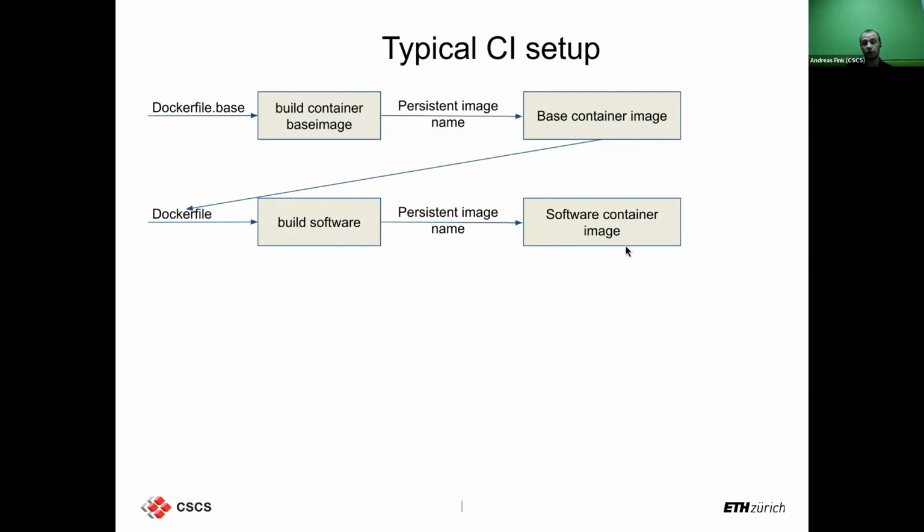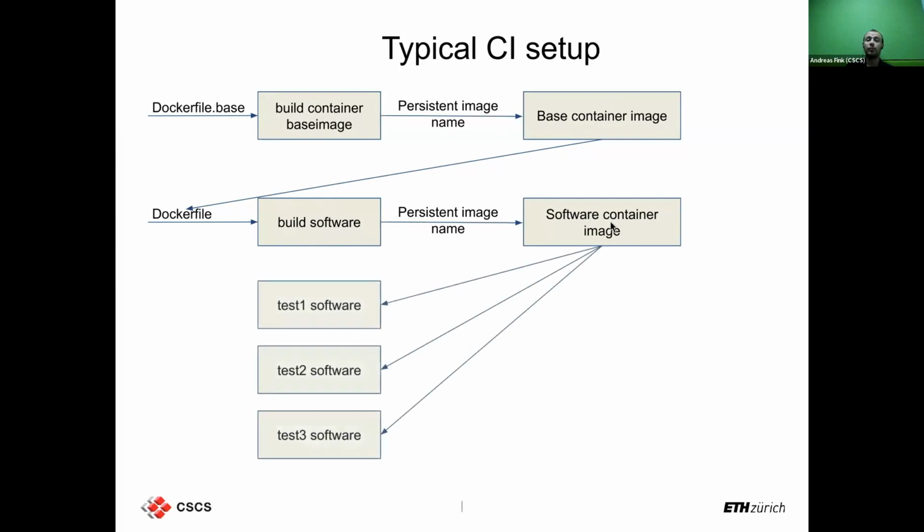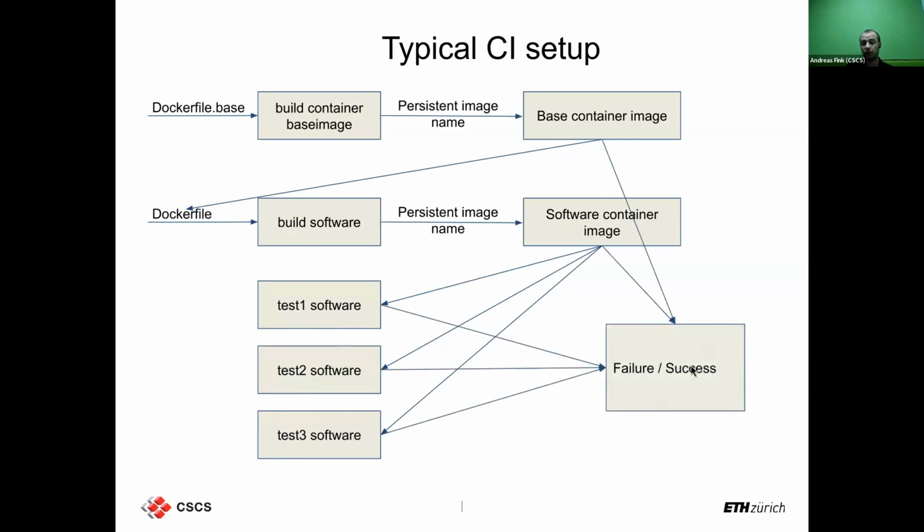Again, this will be put in the Artifactory, and then from the Artifactory, we go to the HPC cluster where we pull the containers and we test different test suites that you can run there. And of course, it can be a failure from any part, or success if all of this was successful.